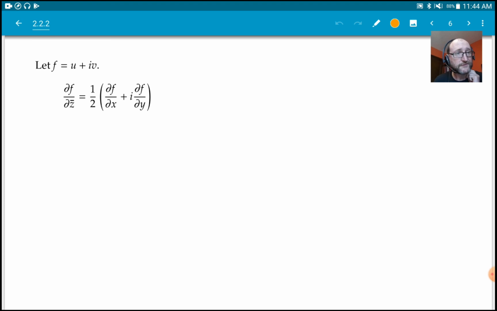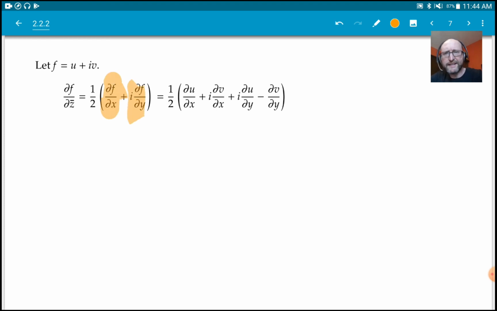Okay, so let's see how these apply to a function. If I have a complex valued function, let me write it as u plus iv as usual, right? So what if I apply, let's say, the z bar derivative to the function? Well, how do I apply the x and the y derivative? Well, I apply it to u plus iv, right?